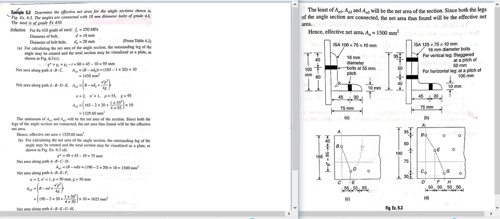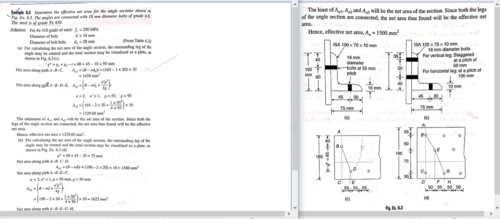Because you have rotated this leg to make it a plate. Okay, you have to imagine that it will be a plate if you rotate like this. So it is a plate, so that's why it will have a thickness. So B minus n DH into T, 165 minus number of bolts is 1 and DH is 20, so that is this. Okay, I hope you understood.